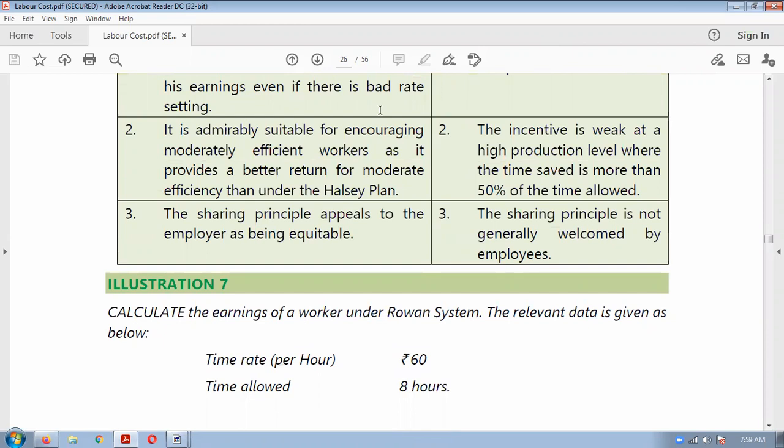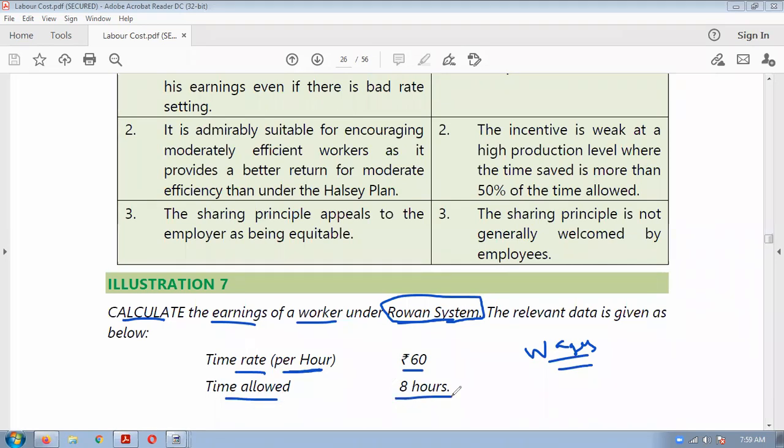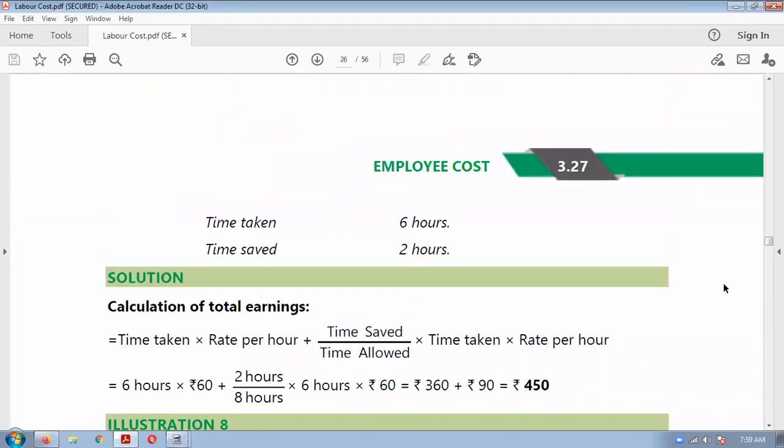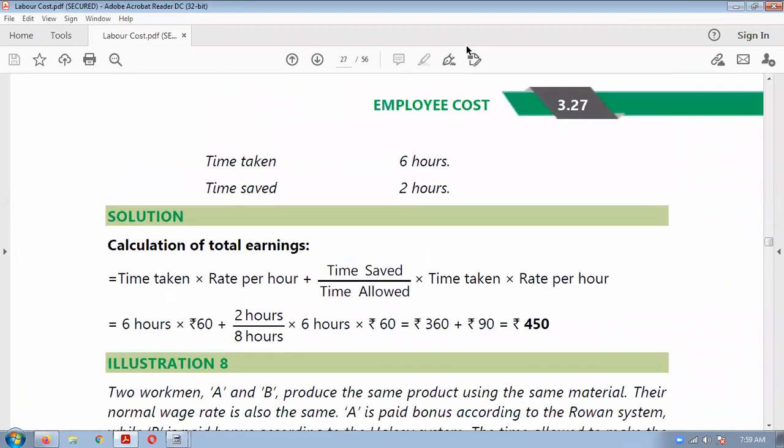See, the last sum we did was the Halsey plan. Now calculate the earnings of the worker under the Rowan system. So now we will understand how we will calculate the wages of a worker under the Rowan system. Time rate is given per hour 60, time allowed again 8 hours. So the company is giving 8 hours to a worker for completing a particular task, and time taken is 6 hours and time saved is 2 hours.